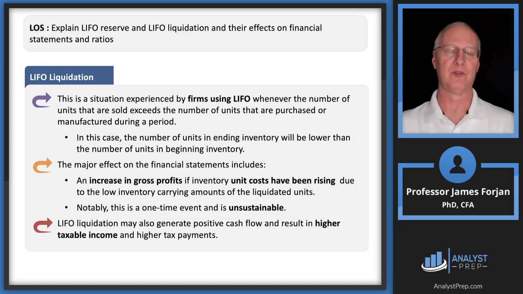And so it uses the clear example of a strike for the workers during the manufacturing process. So what happens during a strike? Of course, there are no units being purchased during that time, no units being manufactured during that time, and it's probably not sustainable. So there might be this event where we have a LIFO liquidation.